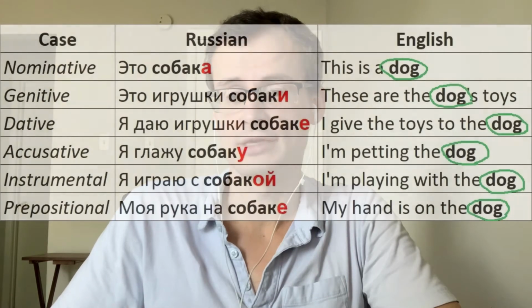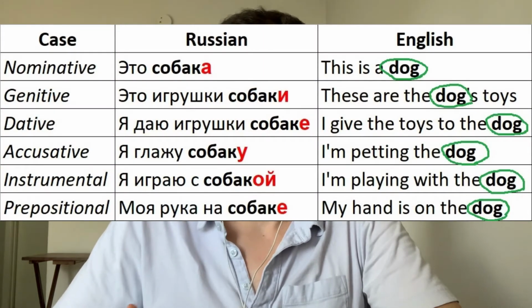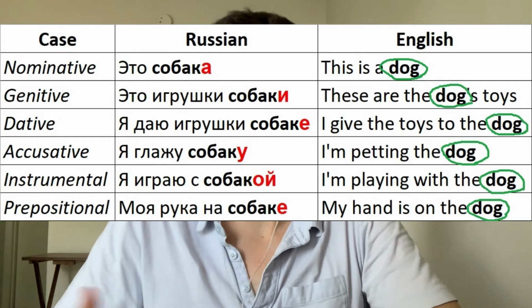So yes, English is not the case because in English, nouns never really change. No matter how you use a noun in a sentence, it's not going to change its form, right? Take the word dog, for example. You can say, this is a dog. I love my dog. I play with the dog. I gave something to the dog.